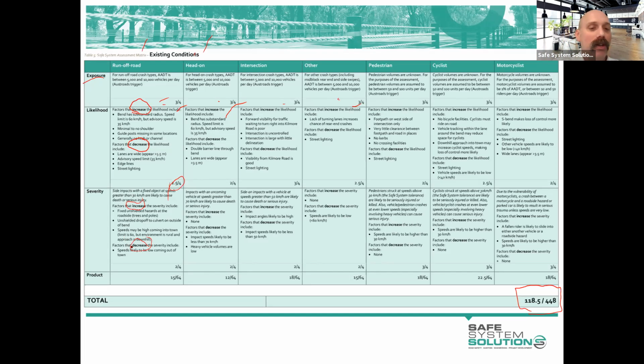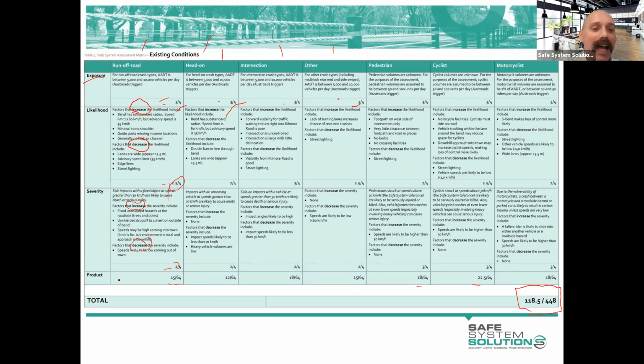Then you put a score there. And then you multiply exposure by likelihood by severity to get your score for runoff road crashes out of 64. So this one's got 15, the multiplication of those. You do that for each of them and you get your score on each of these.